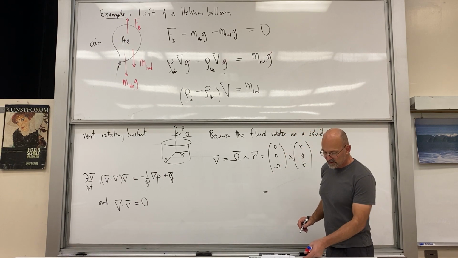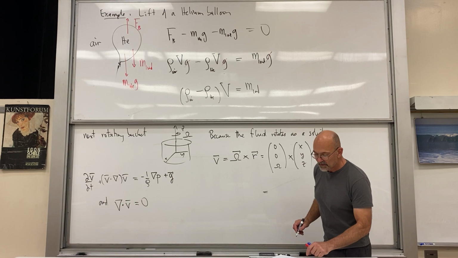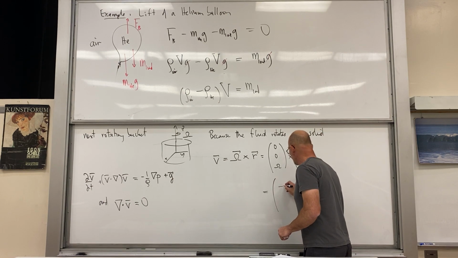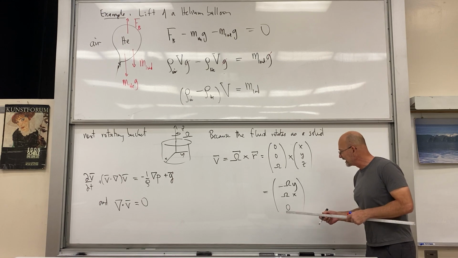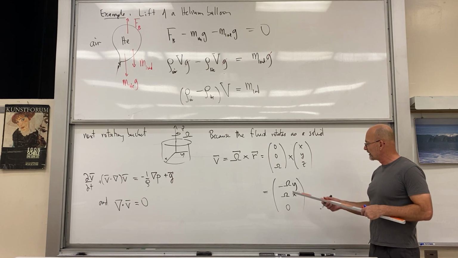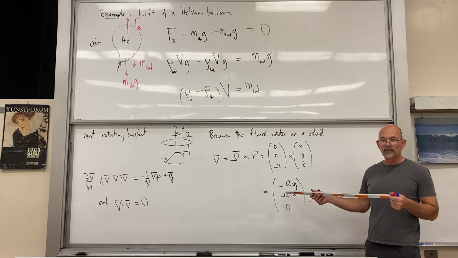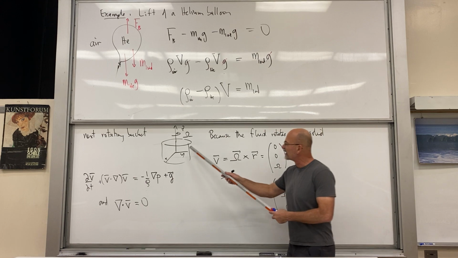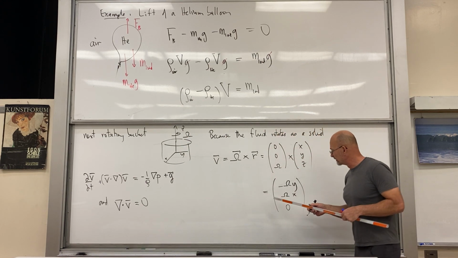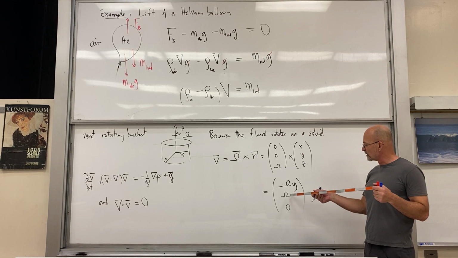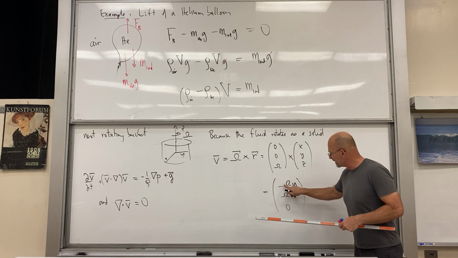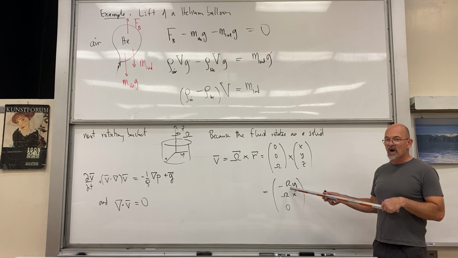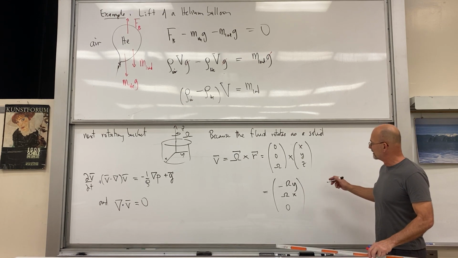And doing that cross product, we're going to obtain minus omega y, omega x, and 0, as has to be. And this is just the standard expression for circular motion. So the velocity, of course, has no z component. It would just be tangent for circular motion. There's a minus sign there at xy. Okay, so good.